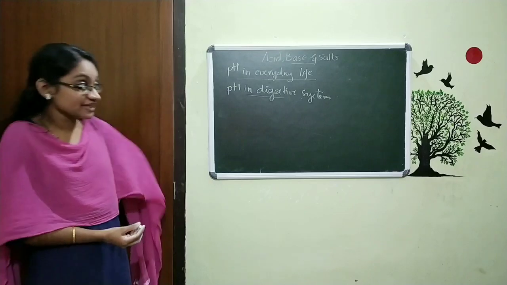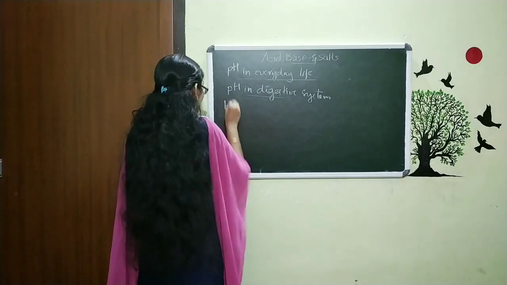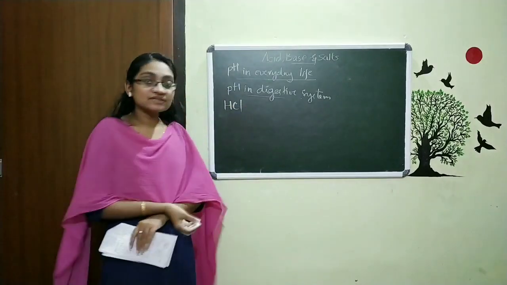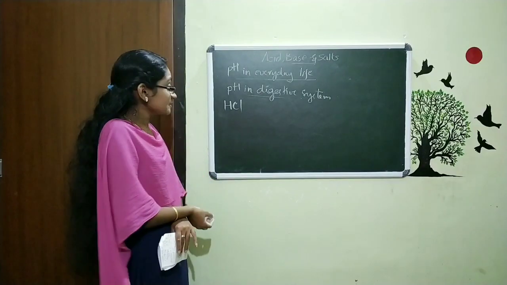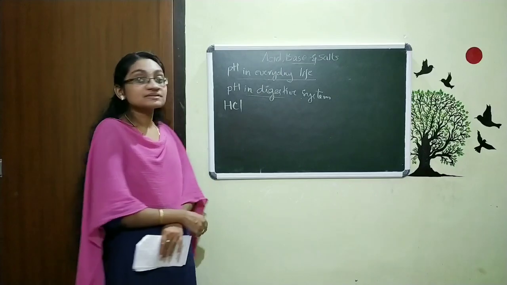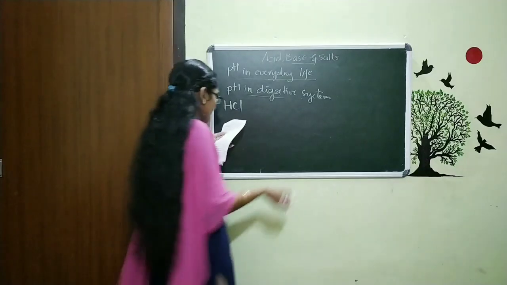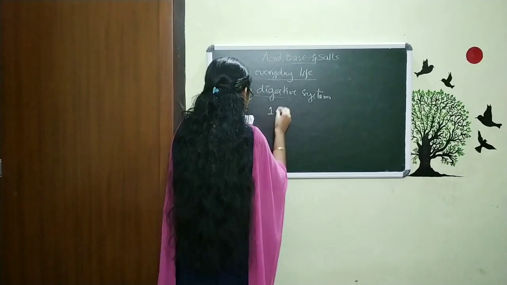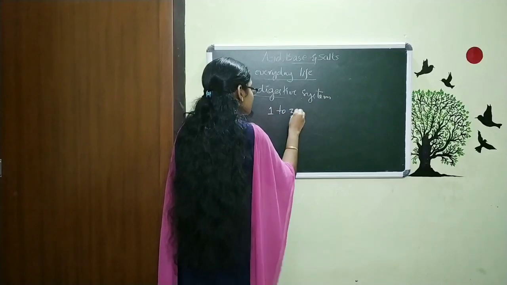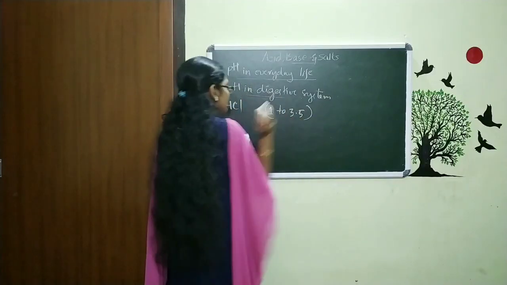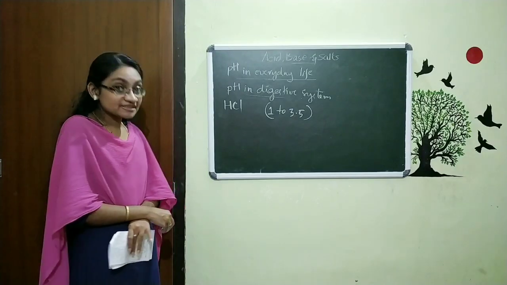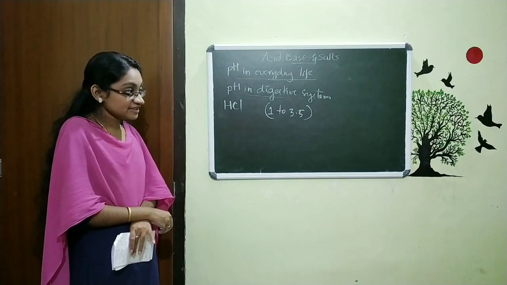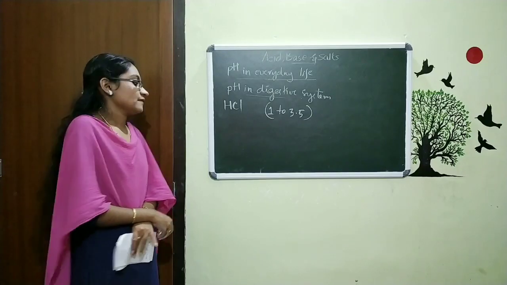In our stomach, hydrochloric acid is present to digest our food. And this also has some pH value. The pH value of this hydrochloric acid present in our stomach is approximately from 1 to 3.5.